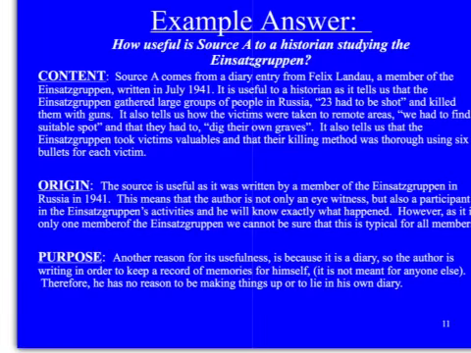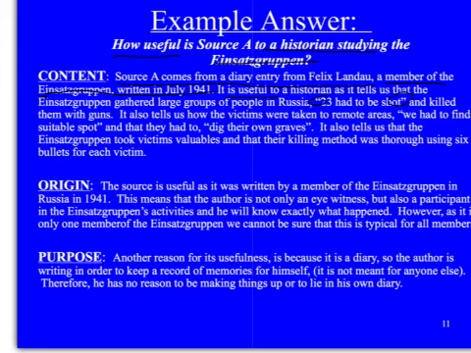It is useful to an historian as it tells us the Einsatzgruppen gathered large groups of people in Russia. "23 had to be shot." Notice this is a direct quotation from the source and is therefore placed into quotation marks. And killed them with guns.